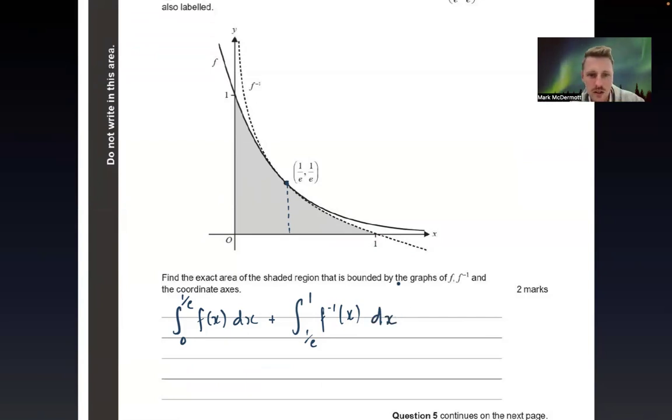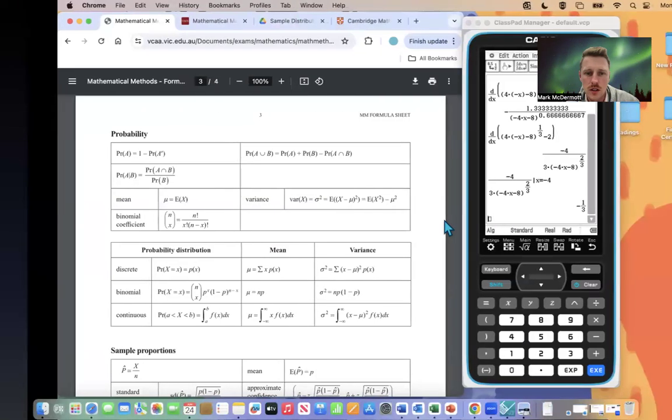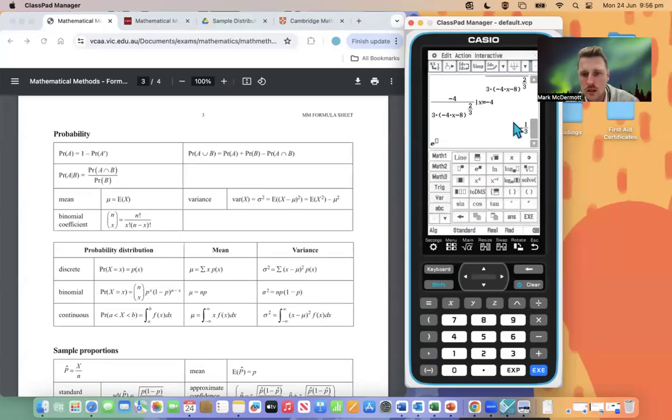Okay, and that gives us, let's go define these. So f of x is e to the negative ex. You've got to use the right e. E to the negative e times x.